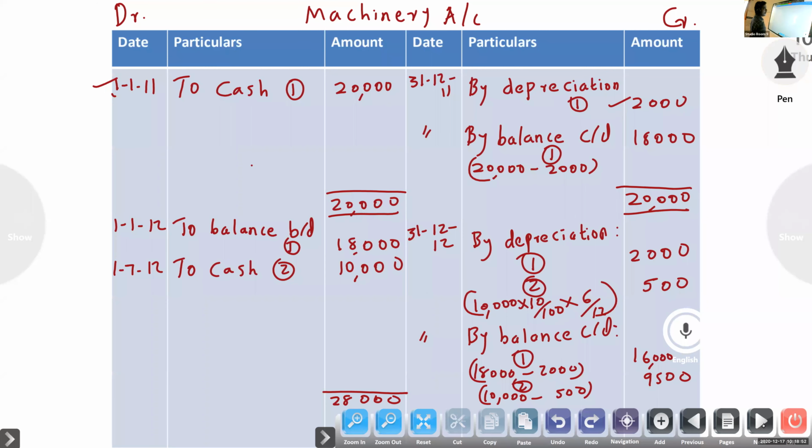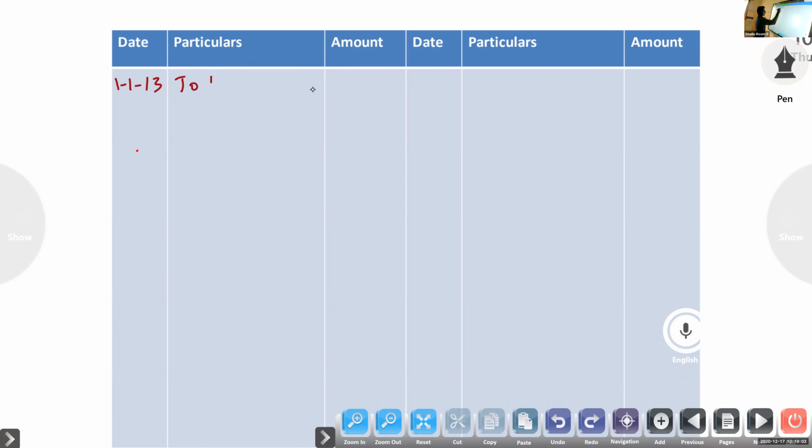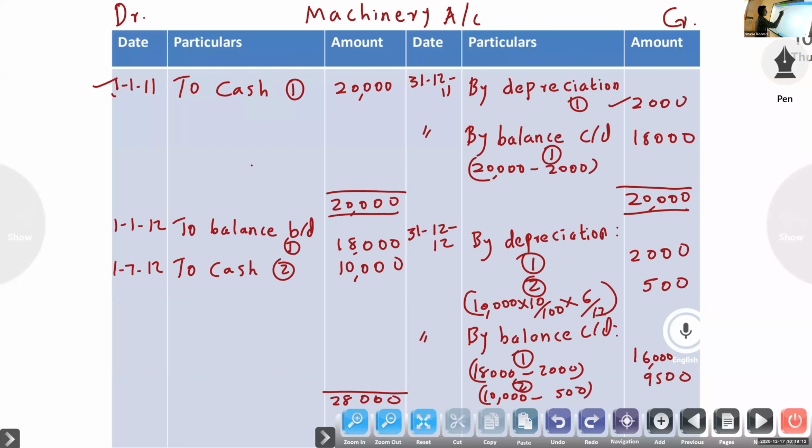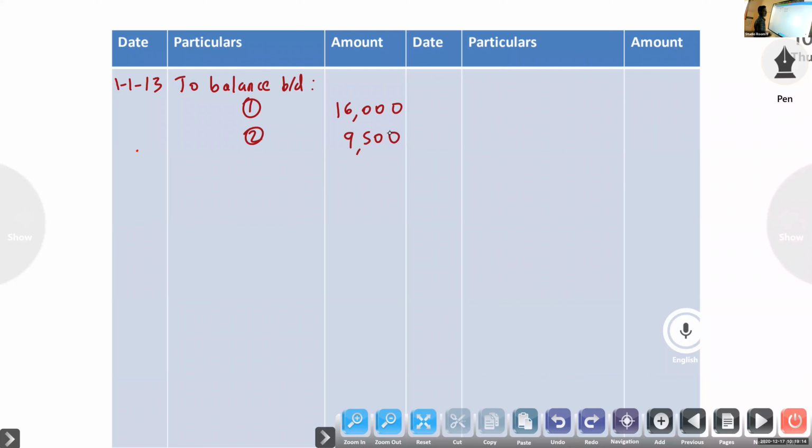Next one, third one. 1/1/2013, to balance b/d 1, 16,000, to balance b/d 2, 9,500.